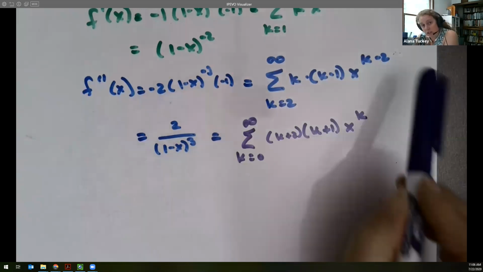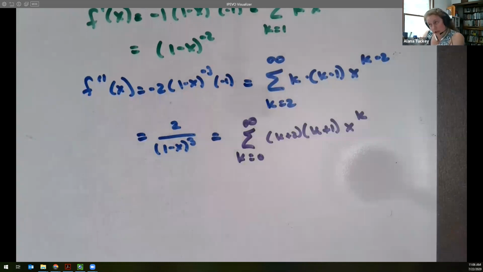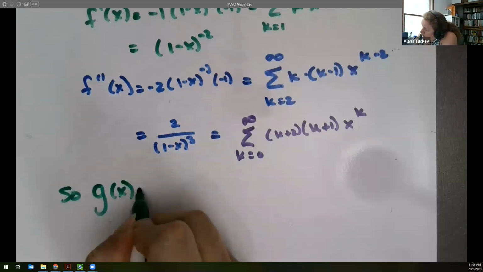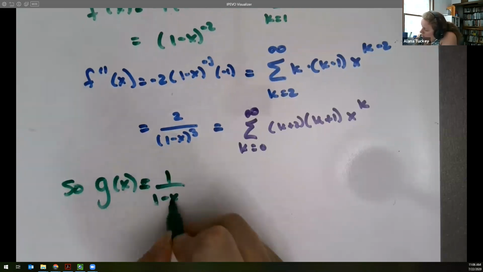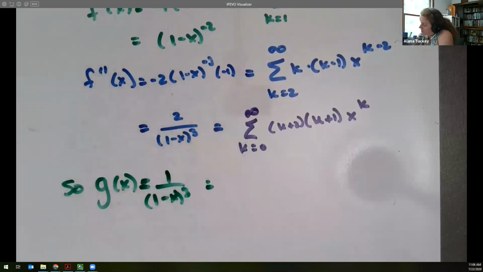Instead of k minus 2, it's k plus 2 minus 2, which becomes k. So that's how you can shift for the power series. So then this is really close, right? So g of x is 1 over 1 minus x cubed. It would be a half times this series.